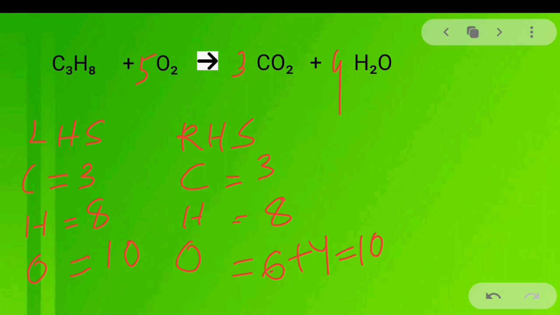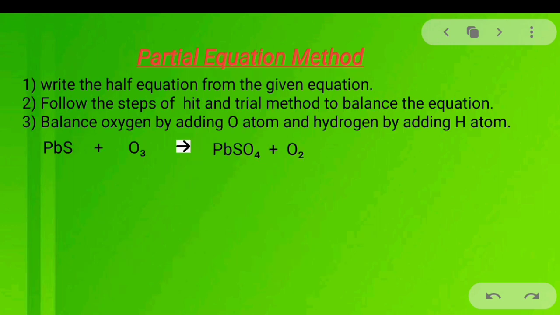Now let us check another method, that is the partial equation method. In the partial equation method, we will write the half equation from the given equation. Follow the steps in hit and trial method to balance the equation. Balance oxygen by adding oxygen atom and hydrogen by adding the hydrogen atom.